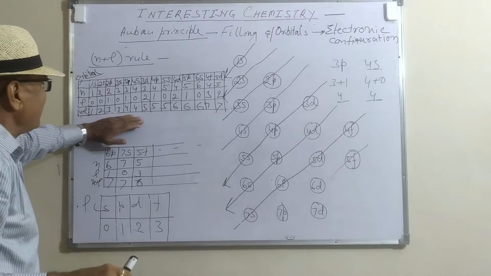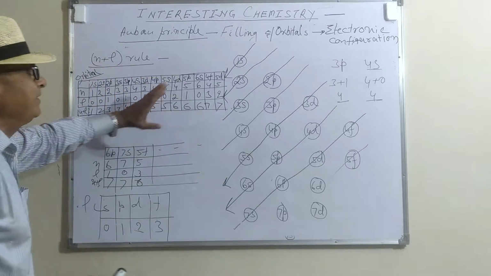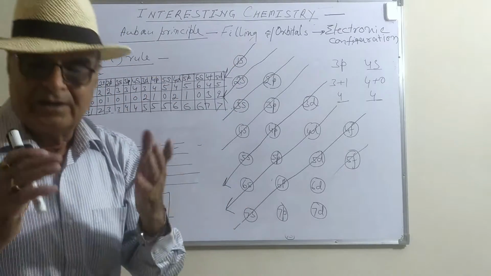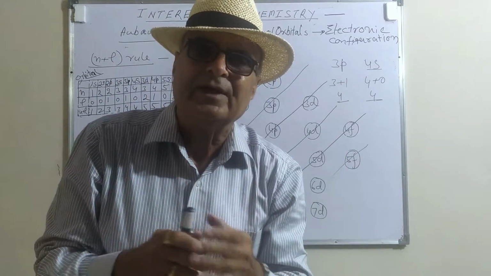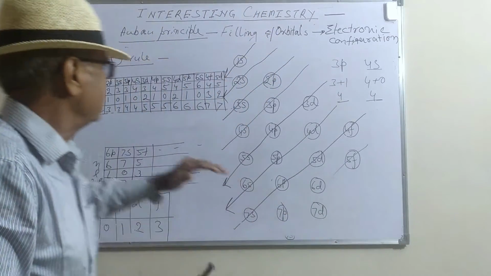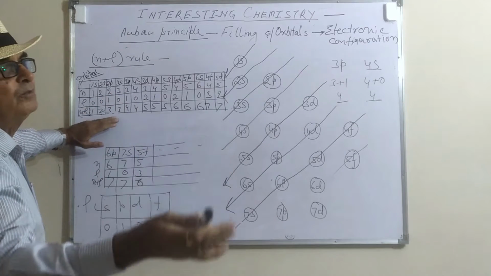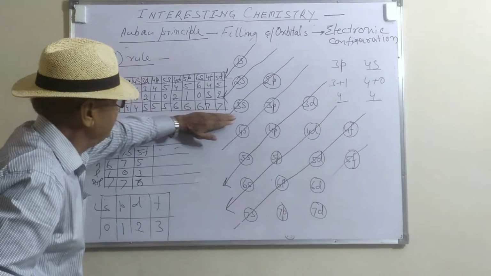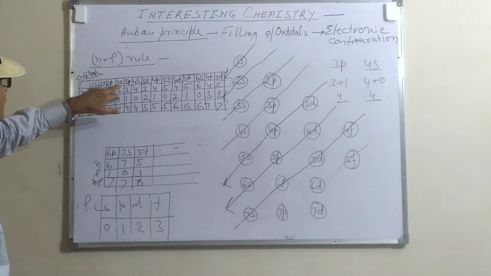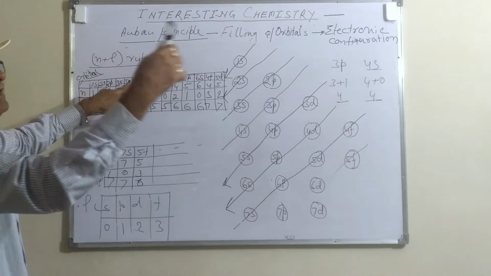This is the ascending order according to the energy of the subshell. The order of the filling of the orbitals will be decided with this table. So 3s will be filled first, 3p will be filled later.